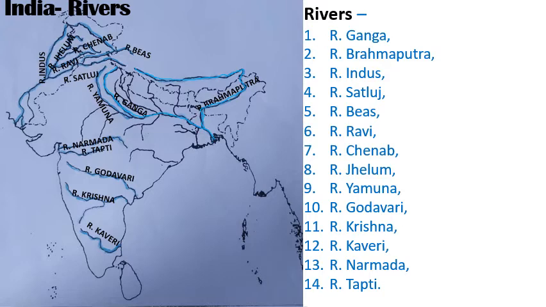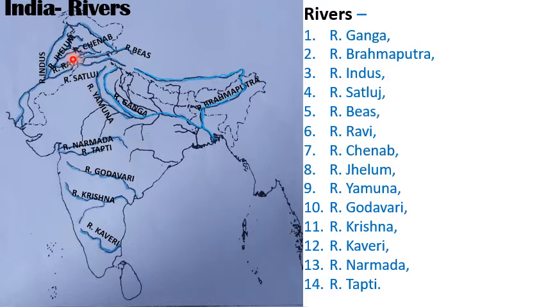Fine. So now I'm telling you, rivers are already marked for you. Just pay attention. This one is river Indus, which falls in Arabian Sea. Then Satluj, this one which joins river Indus, and river Beas, which joins river Satluj.